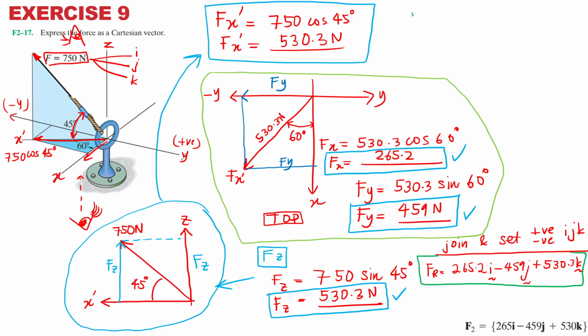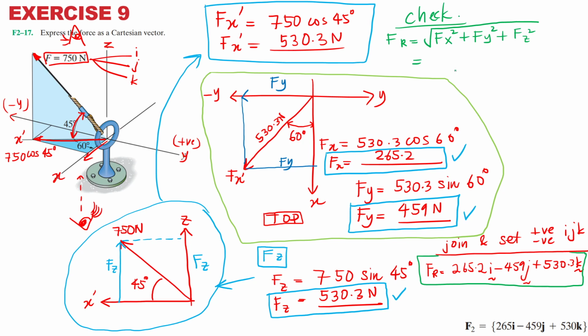So if you want to check, obviously, check. You can get the resultant by finding the magnitude: Fx squared plus Fy squared plus Fz squared and square root.